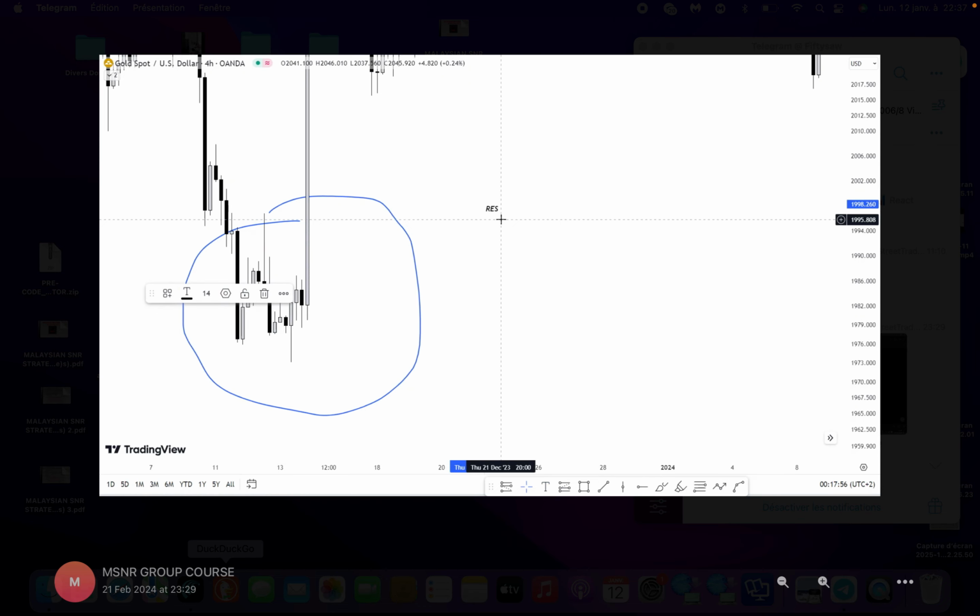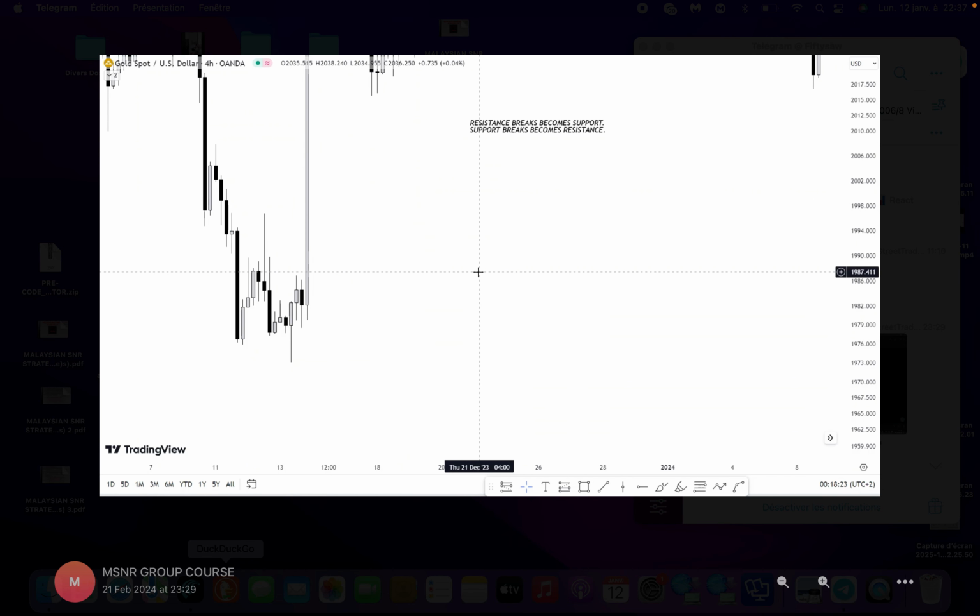Where resistance breaks becomes support, right? And the opposite is true, whereas support breaks becomes resistance, right? Fine.